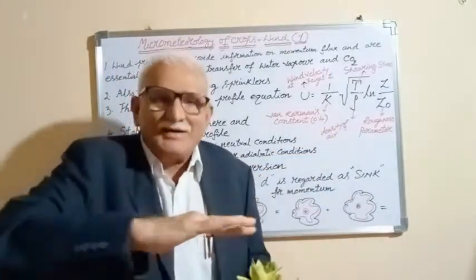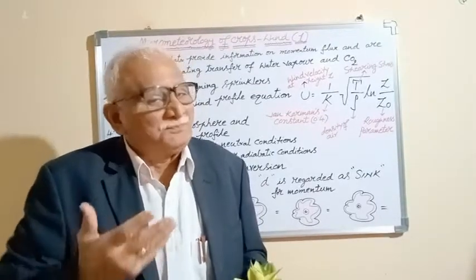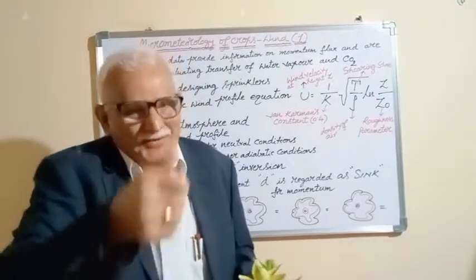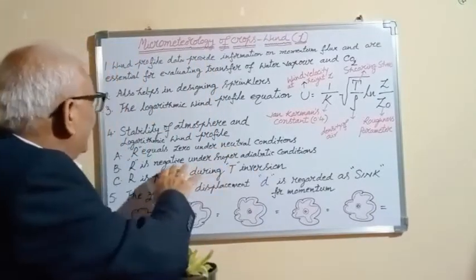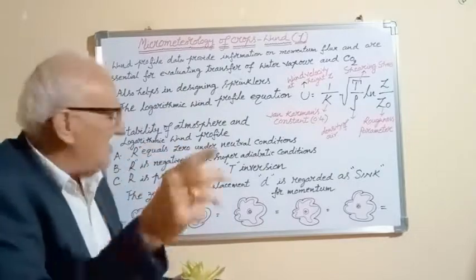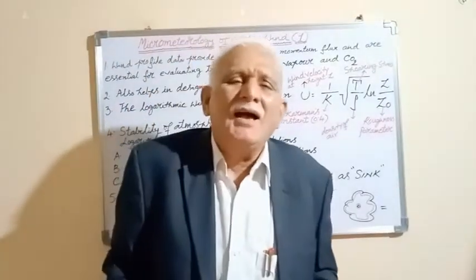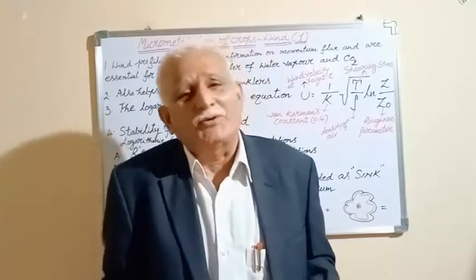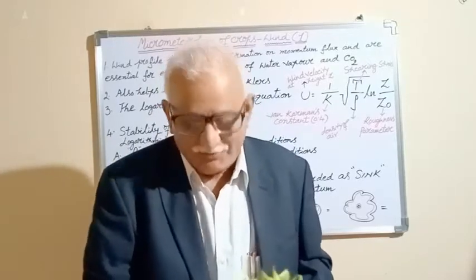When neutral conditions exist in the atmosphere, the logarithmic wind profile holds good, excellent. As far as super adiabatic conditions are concerned, the Richardson number is negative. It is positive during the temperature inversion, which usually happens in the nights, both in the tropical areas and other latitude areas. This I would like to share with you.